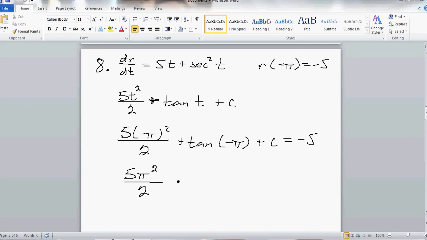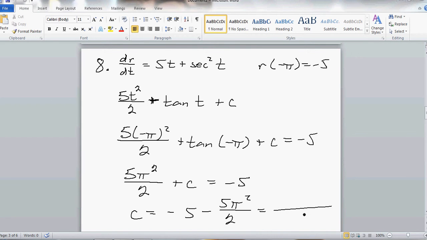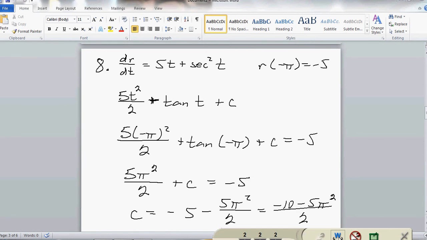Oh, that works out very nice. Plus c equals -5. So c would equal -5 minus 5 pi squared over 2. And this, of course, would be a sufficient answer for c. If we wanted to, we could convert this to a common denominator of 2, and then it becomes -10 minus 5 pi squared, all over 2.